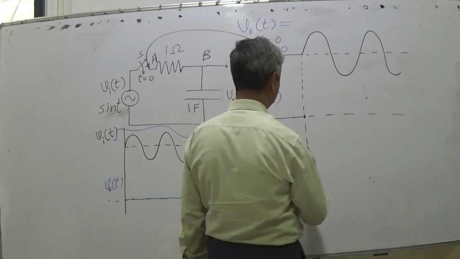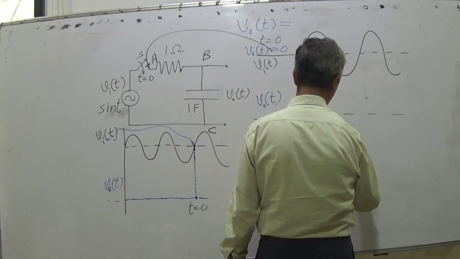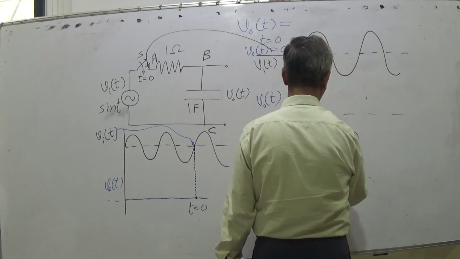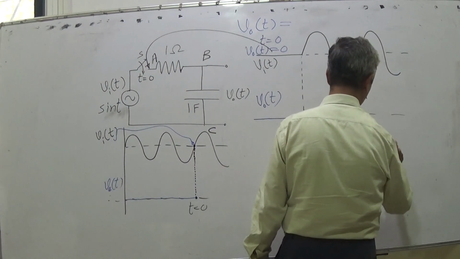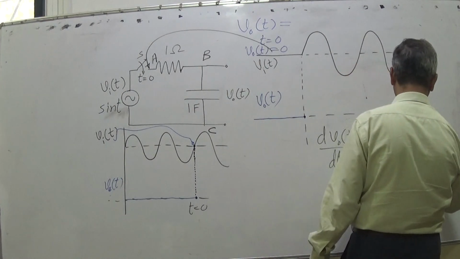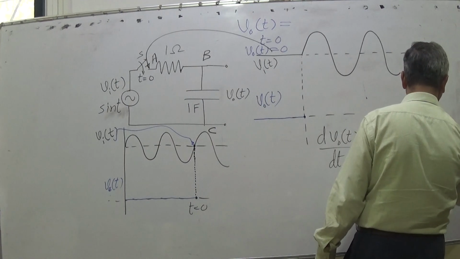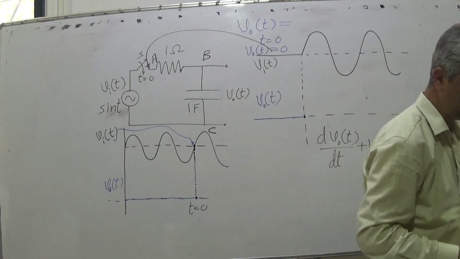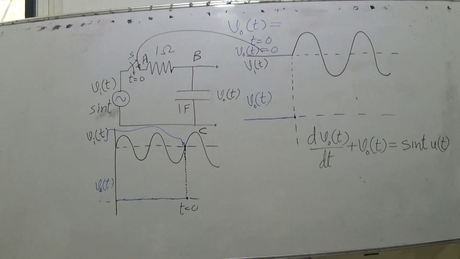Now, what is the differential equation? dVot upon dt plus Vot is equal to sin t u(t). The differential equation is dVot by dt plus Vot is equal to sin t u(t).